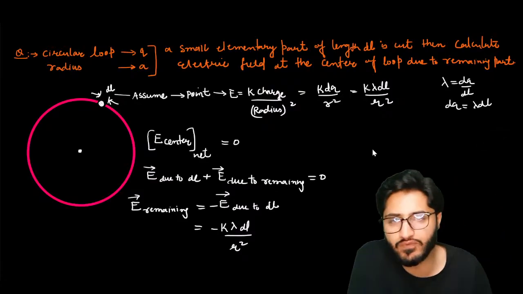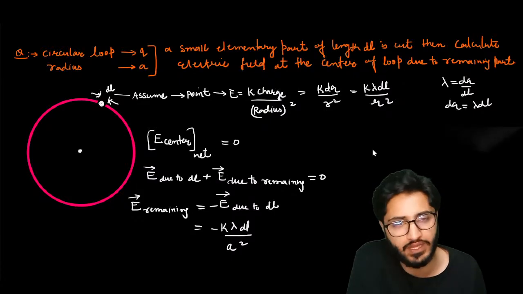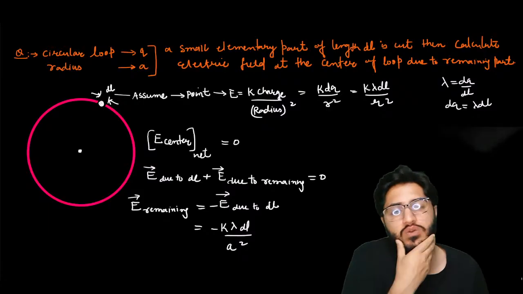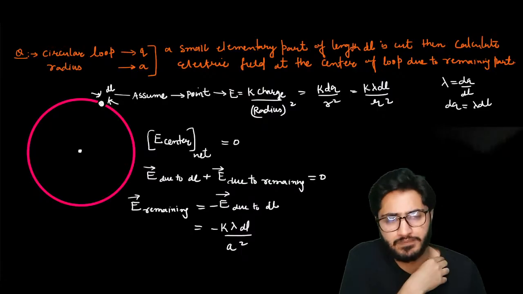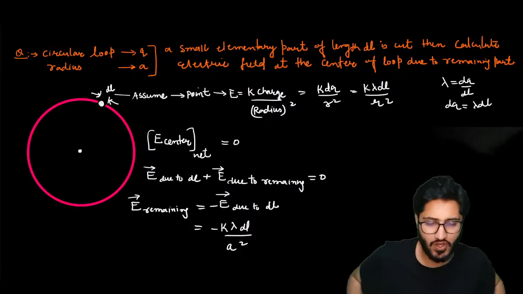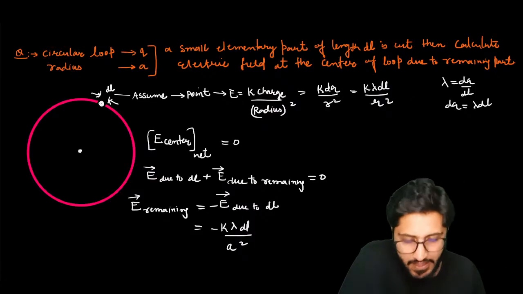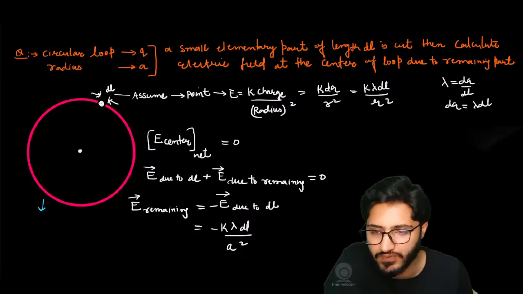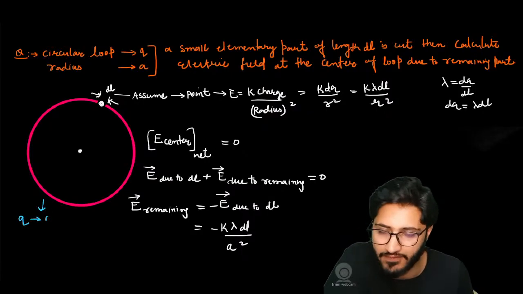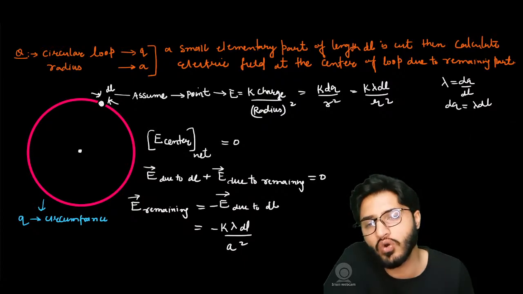But here we don't have r now, we have a. We have a square, right? But I will just manipulate the whole scenario now. Let's suppose lambda is not given. Then we have charge q on the circumference only. So my charge q is on the whole circumference.